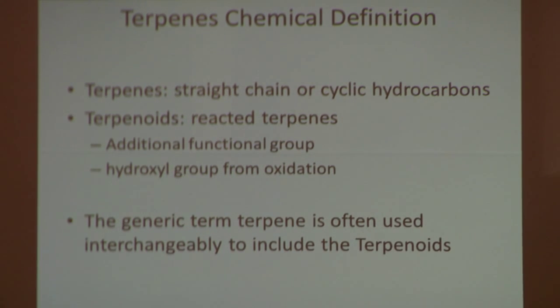But the terpenes can be reacted by many things to add additional functional groups, usually a hydroxyl group from oxidation of the terpene, and this would be given the name terpenoid once it has a hydroxyl on it. But the generic term terpene is often used interchangeably to include the terpenoids, so we're not going to be real strict about that here tonight. We're just going to call them all terpenes, where in fact some of them are really terpenoids.